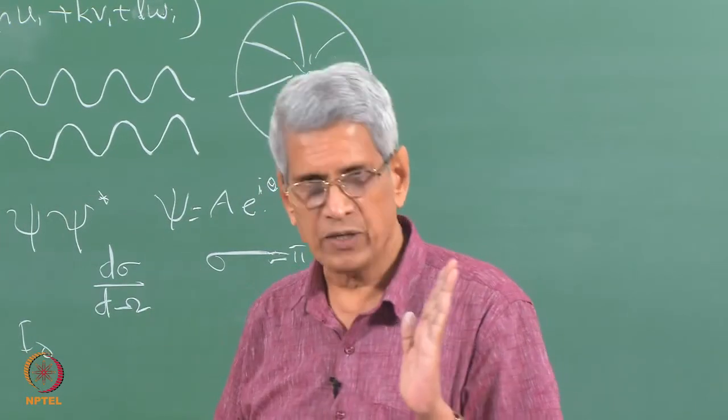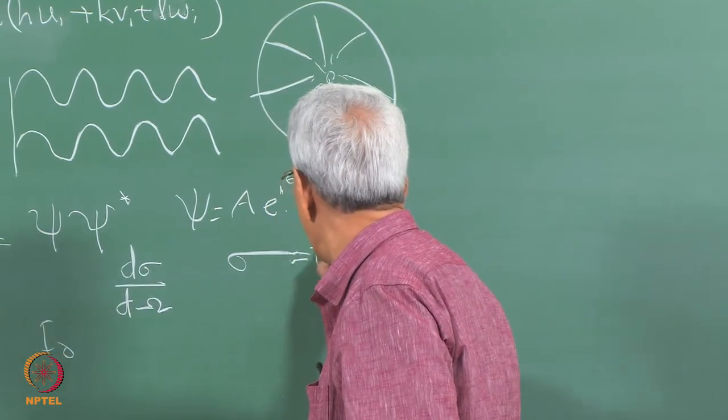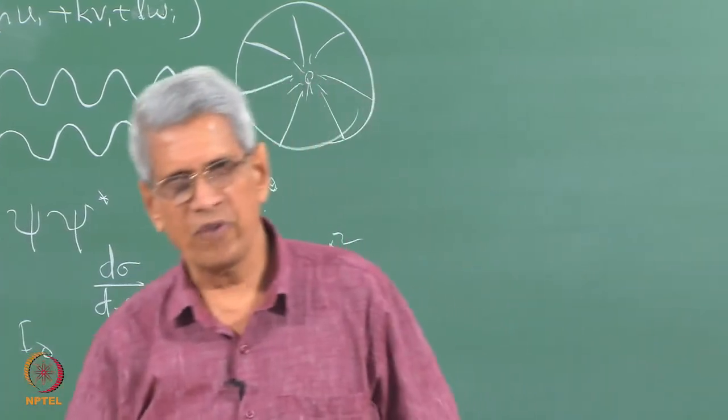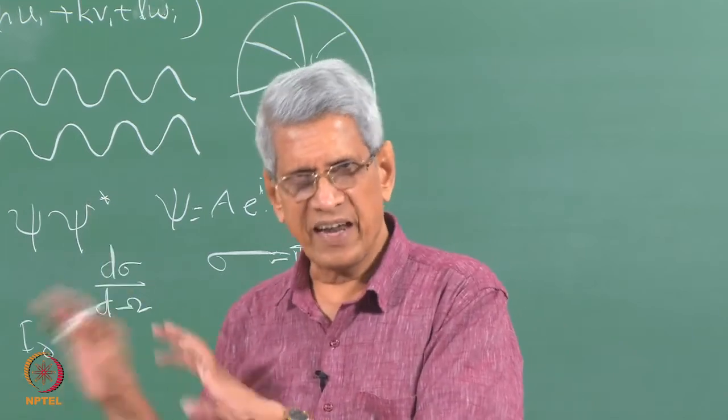That is what we are trying to find out. And the effective area over which it is scattering the beam away is what defines the scattering cross section.